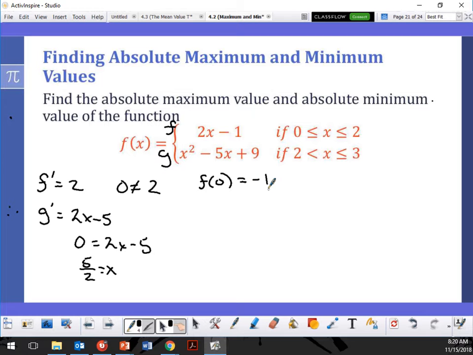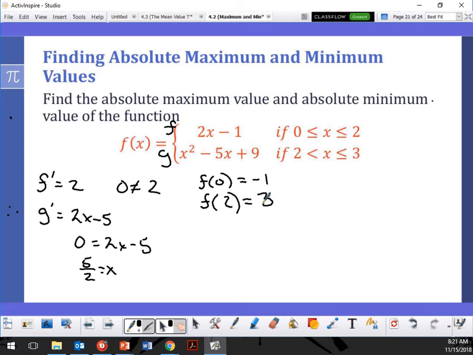Okay, so let's check the other one. f of 2 is 3. You agree? Because you're plugging in 2 to this, so 2 times 2 is 4, minus 1 is 3. Okay, so that one's from my f.